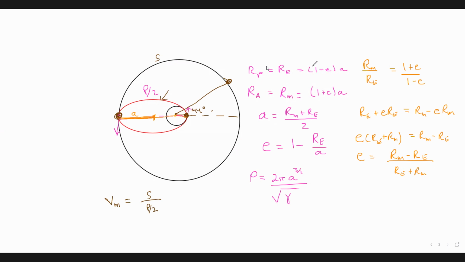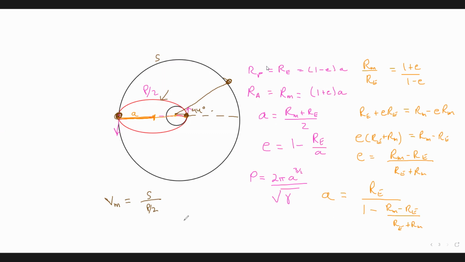Now let's solve for A. So A is equal to R of the Earth over 1 minus R Mars minus R Earth divided by R Earth plus R Mars.